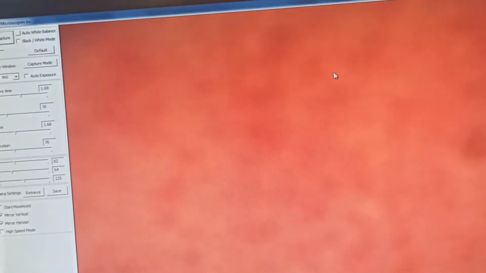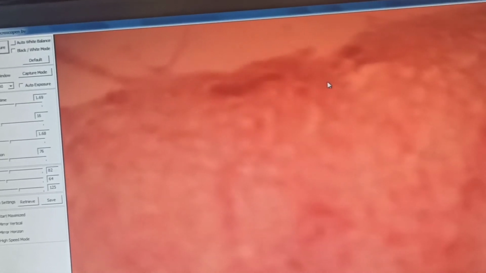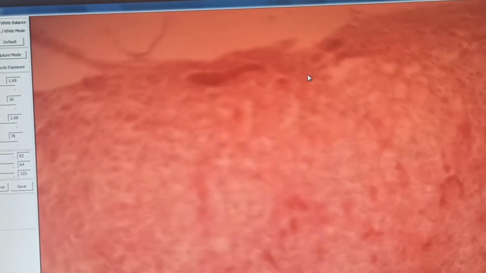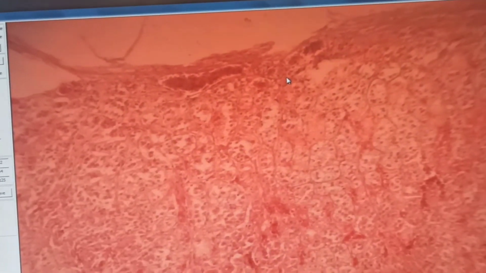Guys, for seeing these parts of the cortex, we should use a bigger magnification. We have 3 parts in the cortex.